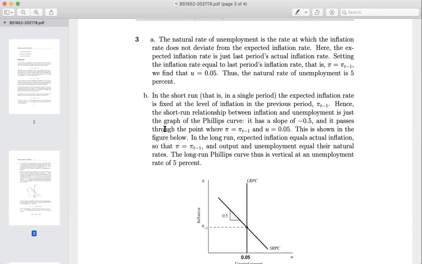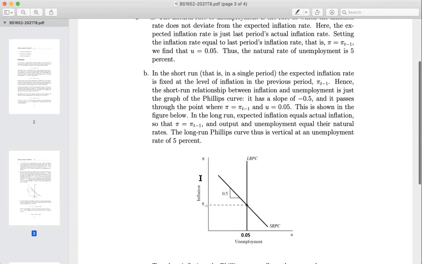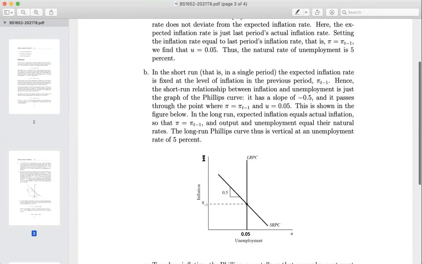My point here, which is related to what we are doing now, is that it's not just about plotting a downward sloping curve for the short run Phillips curve. You need to make sure that you put inflation on the vertical axis and the unemployment rate on the horizontal axis, with a downward sloping curve.